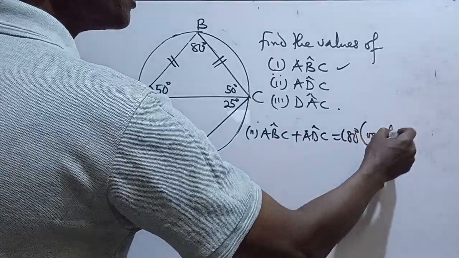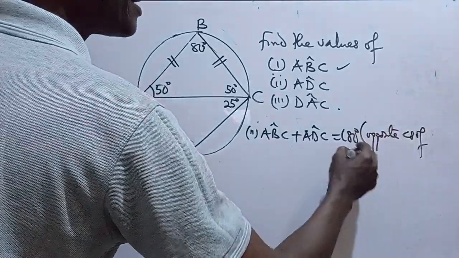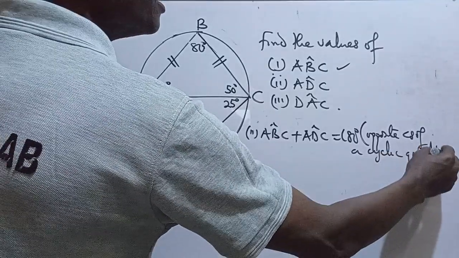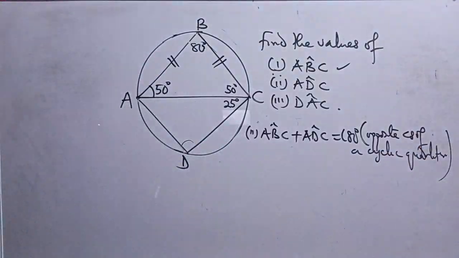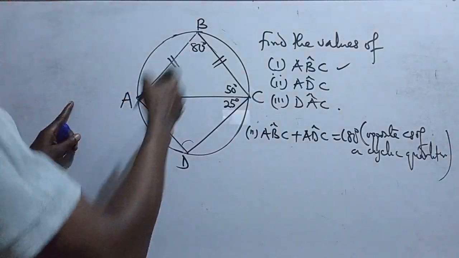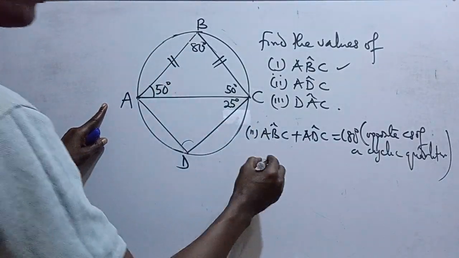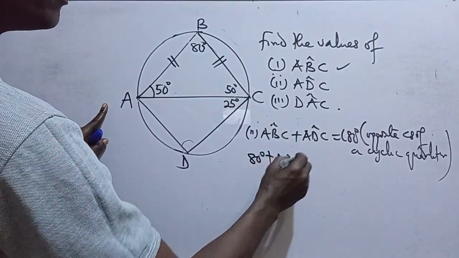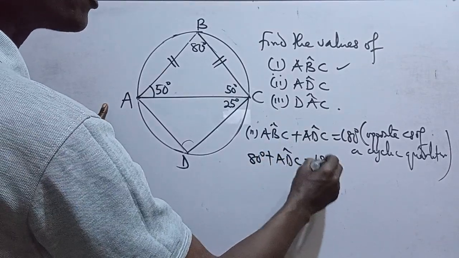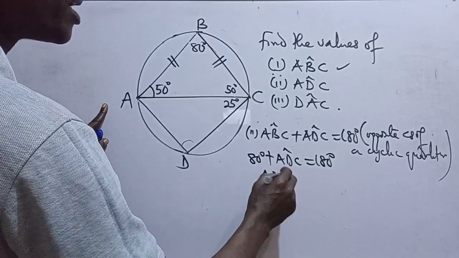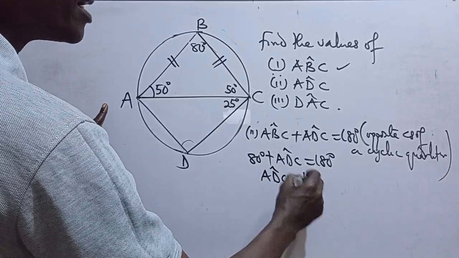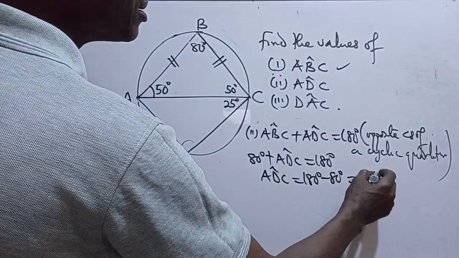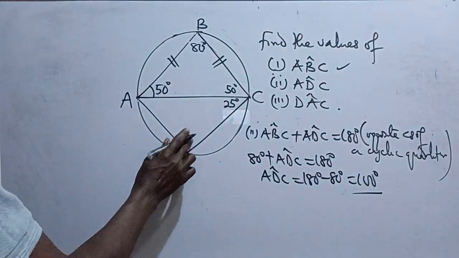The reason is opposite angles of a cyclic quadrilateral. So each time you have a cyclic quadrilateral, the opposite angles must add up to 180. So that means ABC, which is 80 degrees, plus ADC that we are looking for must be equal to 180. So ADC, making it the subject of the formula, will be 180 degrees minus 80 degrees. That's 100 degrees. So this angle is 100.